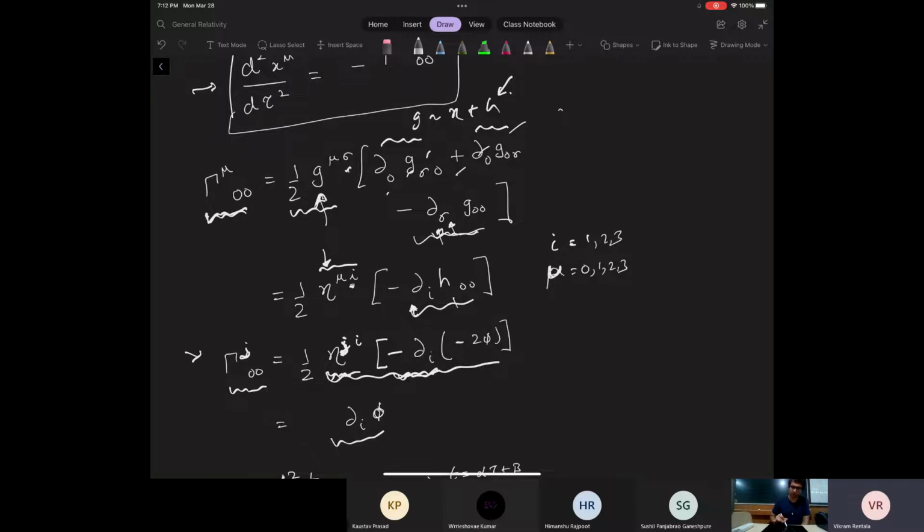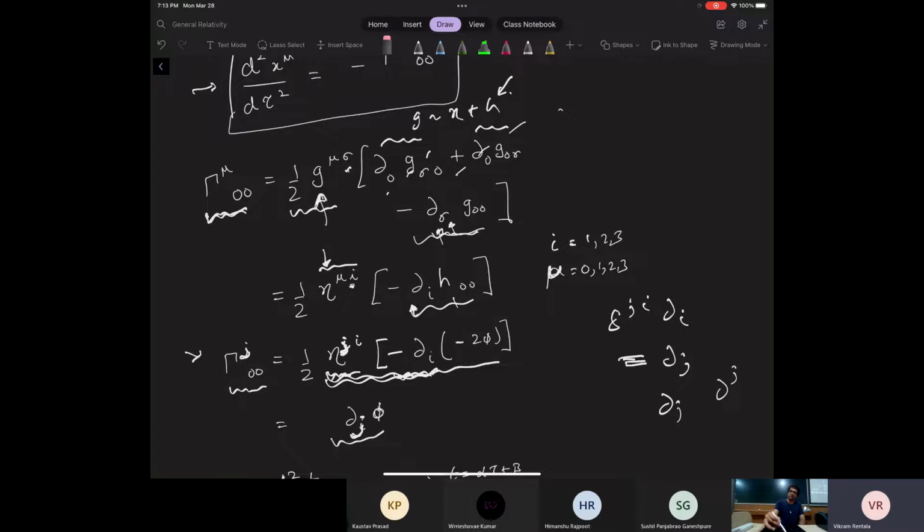And now when I sum this over i, what I'm going to get is a δ^j_i. So in the end, this will just be ∂_j φ. This η^ji is δ^ji, and δ^ji times ∂_i is just ∂_j. And I'm not careful about upper or lower indices here because the spatial parts anyway stay the same with our metric convention. The spatial part ∂^j is the same as ∂_j. It doesn't really matter.